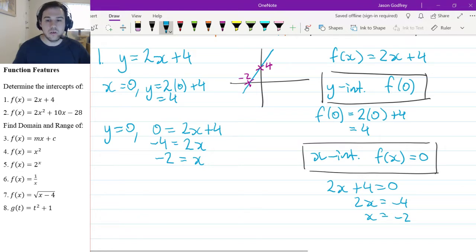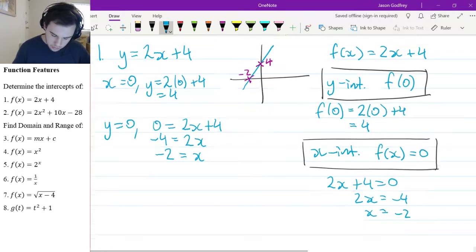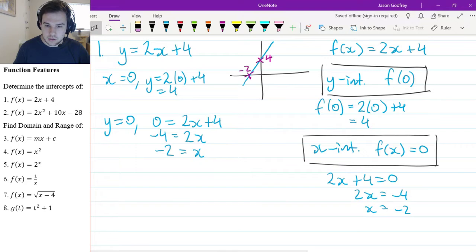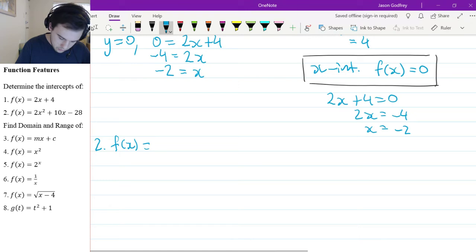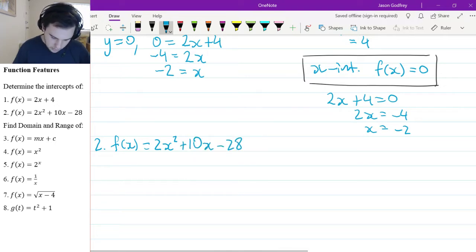Alright, so this time I'm going to do question 2, which you can see is a quadratic function, and this time I'll just use the function notation. Okay, so our function is 2 times whatever you input and square it, plus 10 times the input, and then subtract 28 from it.